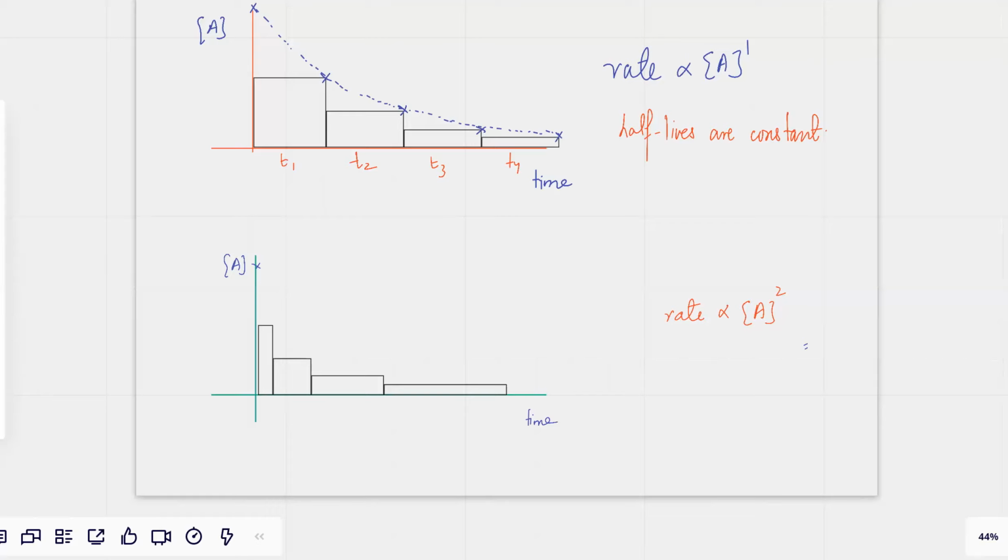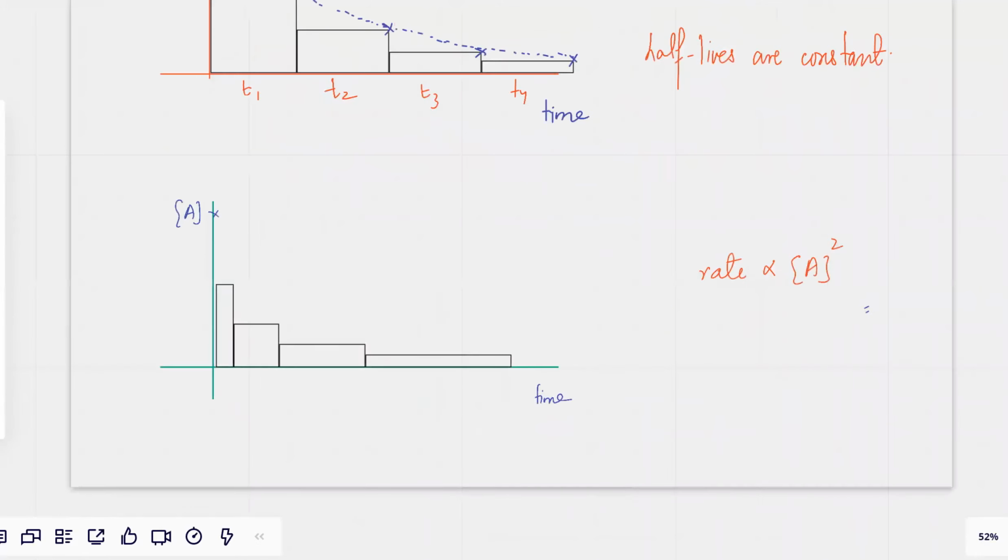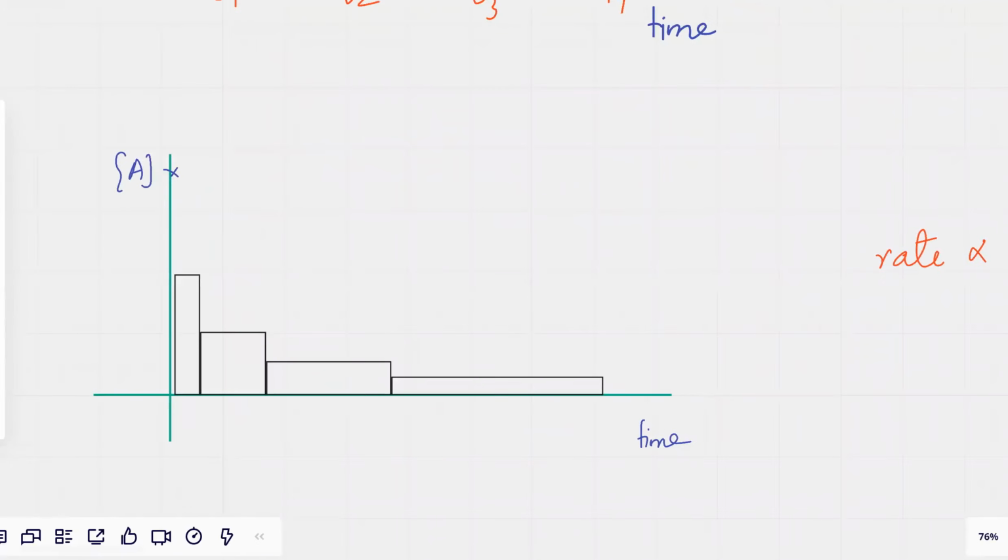Take it very carefully. Initially the rate of the reaction is really fast, but then it slows down. And then it slows down even further. It takes a longer and longer time for A's concentration to decrease by half.